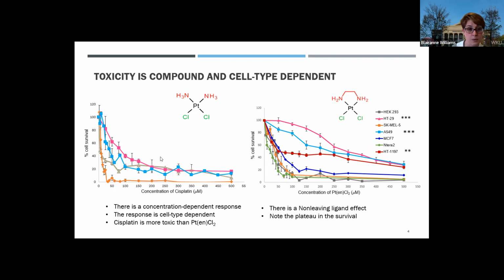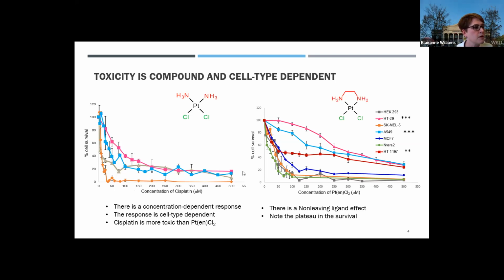On the left is cisplatin, the FDA approved drug, and on the right is the platinum-EN chloride, which is the compound that is most like cisplatin. The first thing you can see is that for both compounds, there's a dose-dependent response. As we put more platinum on, the cells die. You'll also notice some similarities in what's more toxic and less toxic.